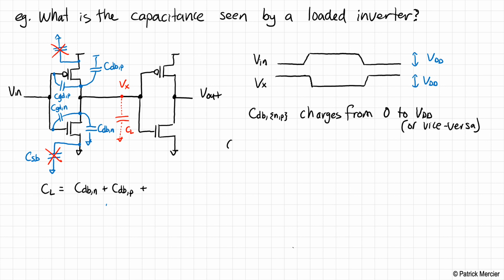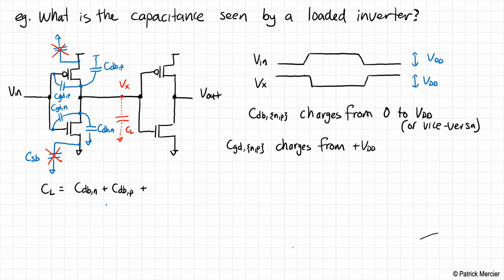Now CGD, either N or P, charges from, well, let's just think about this. Vx currently is at VDD before that first transition, and Vin is at 0. So we have plus VDD across the capacitor, and then after the transition, the Vx terminal of CGD is now at 0, and the Vin terminal is now at VDD.